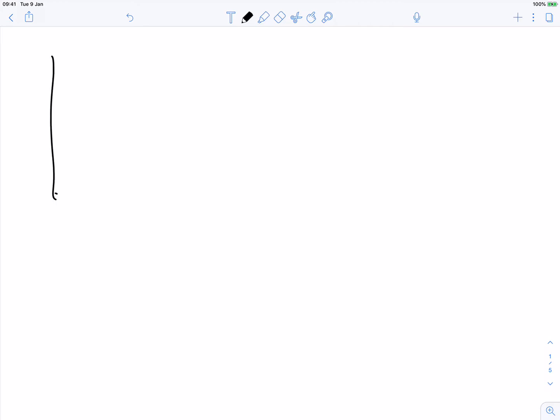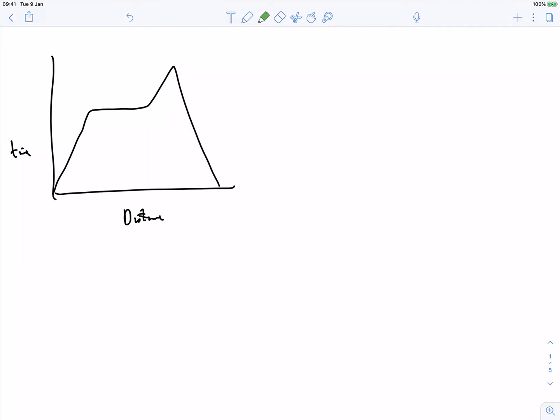But essentially what's going on is if I've got a distance time graph, and I've got something like this maybe, then the gradient of a distance time graph is the velocity at which we're going. Okay, that's really important.